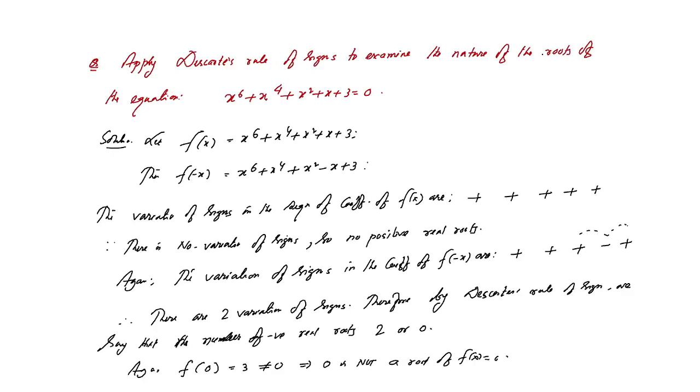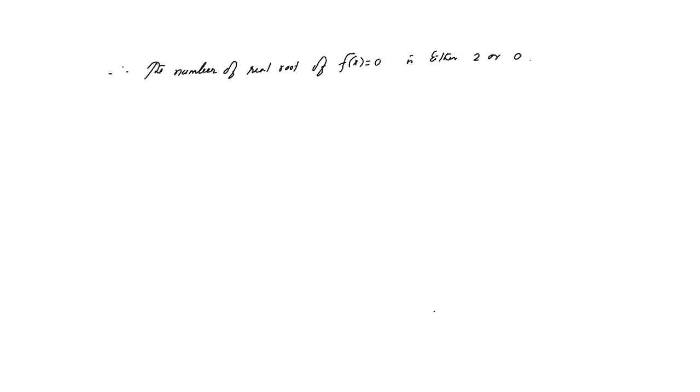Therefore, the number of real roots of f(x) equals 0 is either 2 or 0. Because there is no positive root, if the number of negative roots is 2, the real roots will be 2. If the number of negative roots is 0, in that case the real roots will be 0. So that's why I have written either 2 or 0.